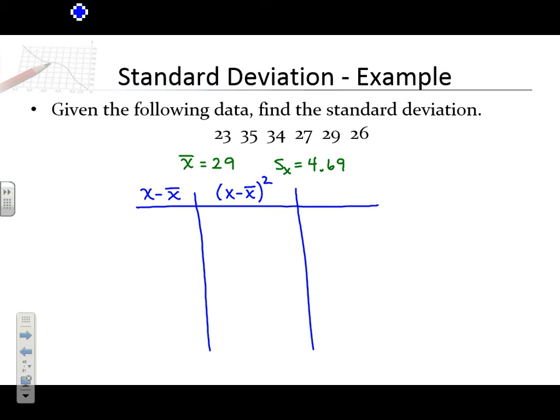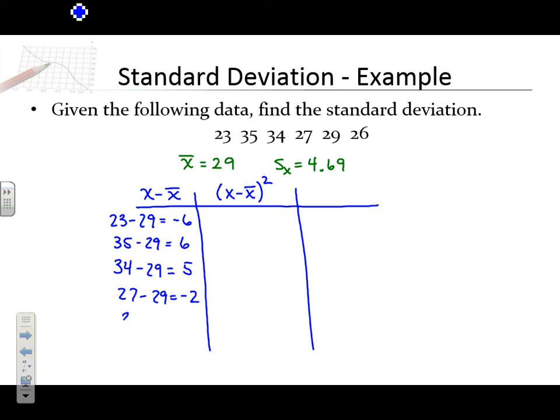Okay? So if we follow this, and we'll talk about the third column when we get to that point. I'm just going to take every x value minus the mean. So I just go down the list. I'm going to take 23 minus 29, and I get -6. Then I'm going to take 35 minus 29, +6. Take 34 minus 29. Okay, 27 minus 29, negative 2.